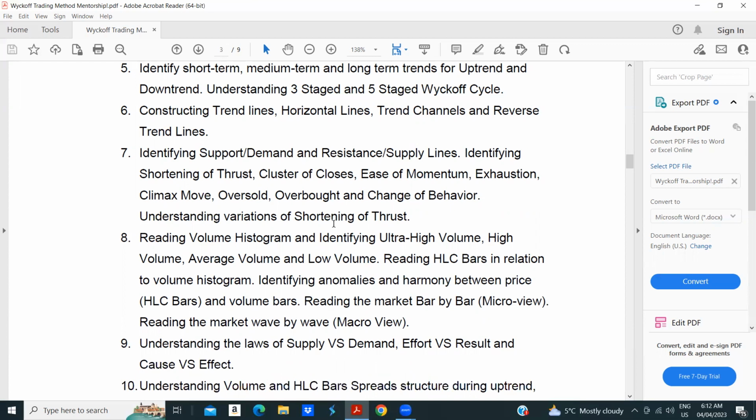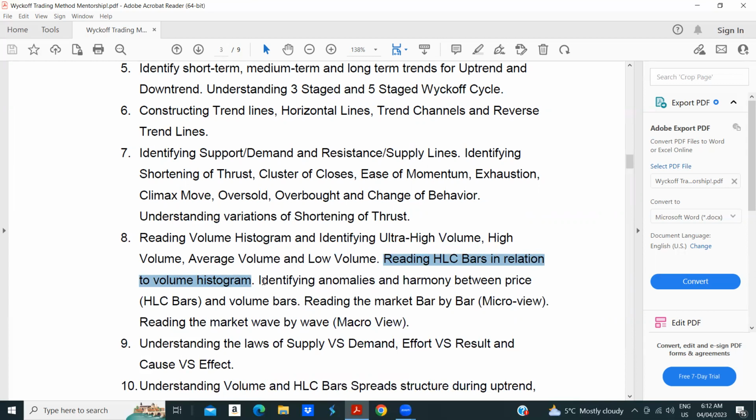We will learn how to identify ultra high volume, high volume, average volume, and low volume. And then we will learn how to read the HLC bar in relation to the volume histogram. We have the HLC bars as a price feed, and the volume histogram as a volume feed, and we will learn how to use both price and volume in conjunction with each other.